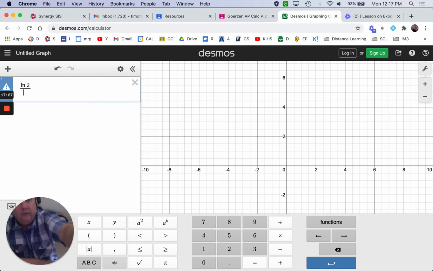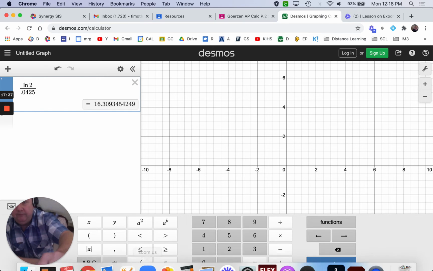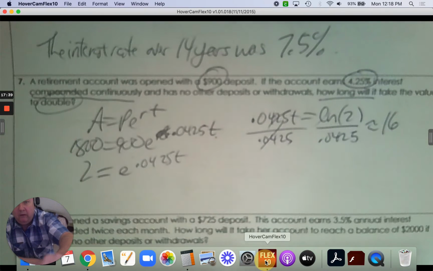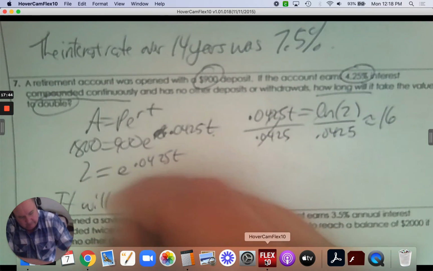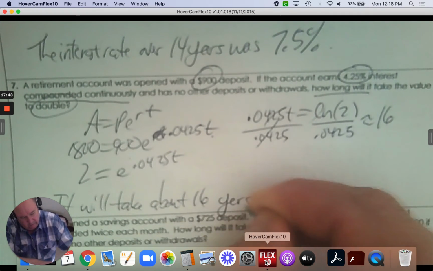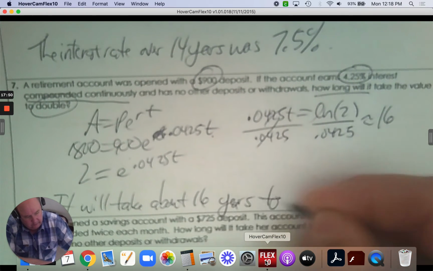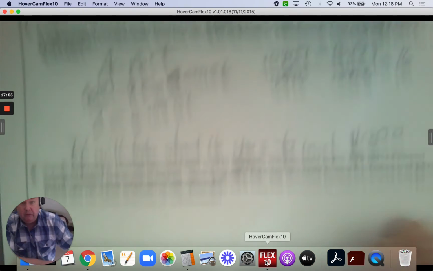So ln 2 divided by 0.0425. And that is 16. So the question was, how long will it take? It will take about 16 years to reach $1,800, or to double your money.